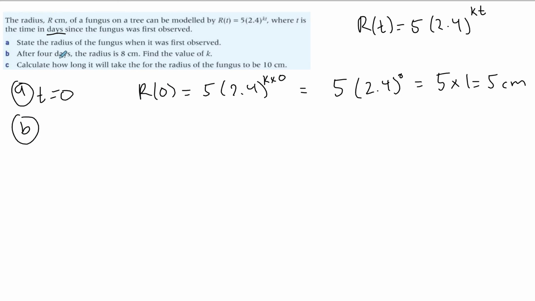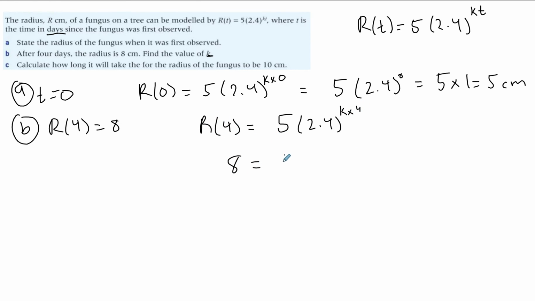For part B, they're telling you that after 4 days, the radius is 8 centimeters. So r of 4 is equal to 8. And you need to find the value of k. So k is a constant that we need to find. So r of 4 is 5 times 2.4 to the power of k times 4. But we know what r of 4 is. It's 8.